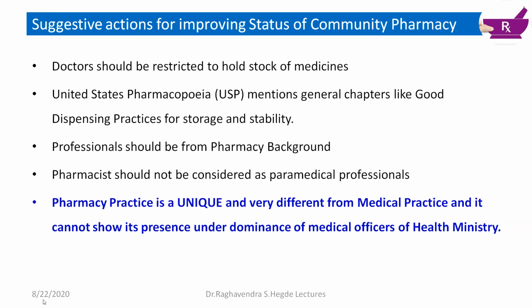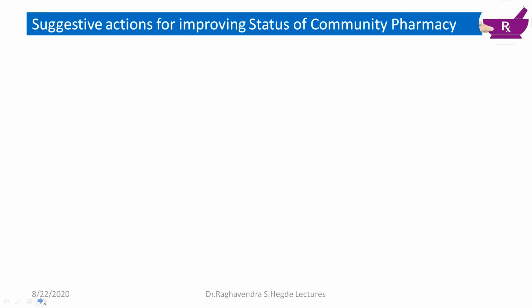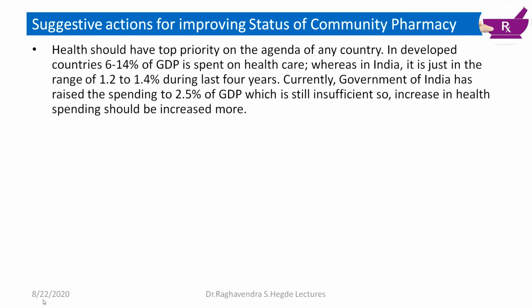Pharmacy practice is unique and very different from medical practice, and it cannot show its presence under the dominance of medical officers of the health ministry. So that has to be taken into account. We can see health should have top priority on the agenda of any country.